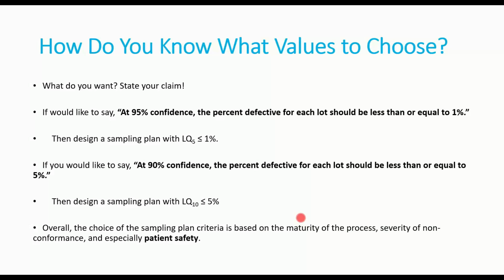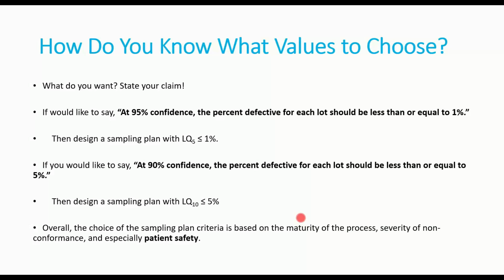Well, for the LQs, for validating new processes or process changes, they should be smaller than for regular manufacturing with mature processes. Okay. And it depends on the severity too of a failure. Do you have critical, major, minor, cosmetic? Your company's quality engineering standards should have target quality levels based on severity.